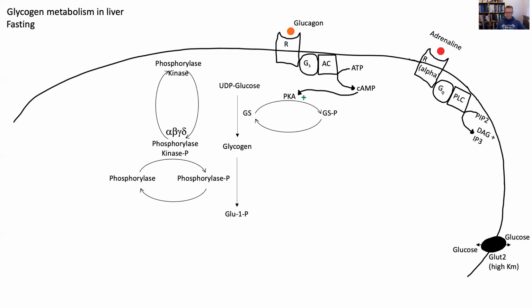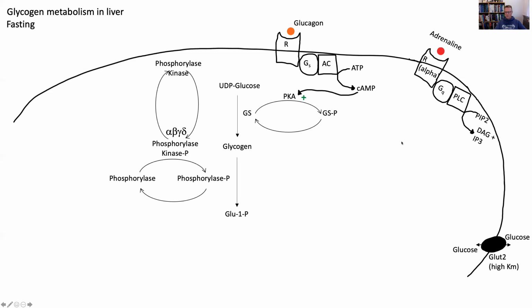In liver, adrenaline can also regulate calcium levels. As we saw in muscle, calcium levels could increase upon activation of, for instance, contraction.